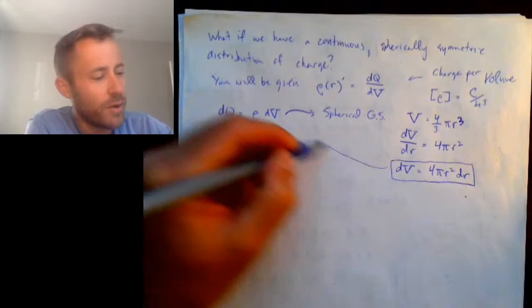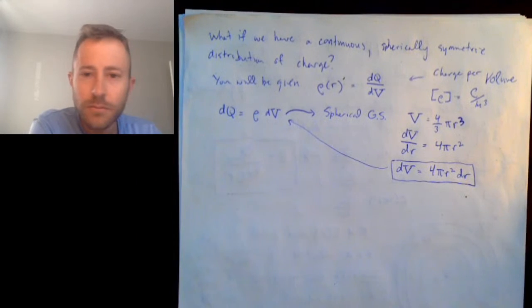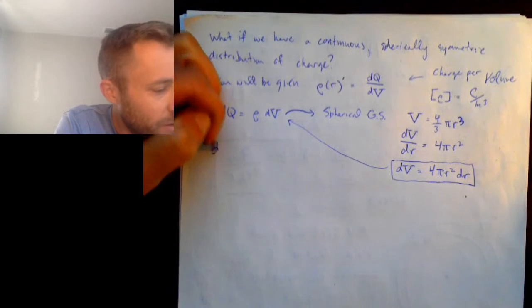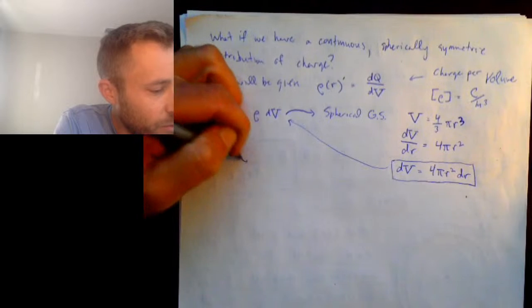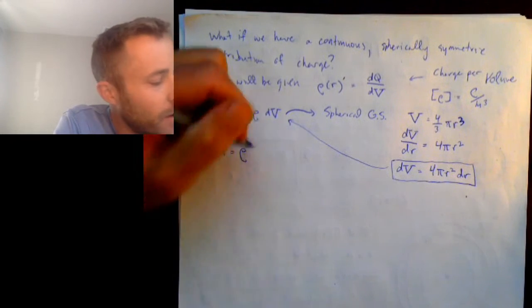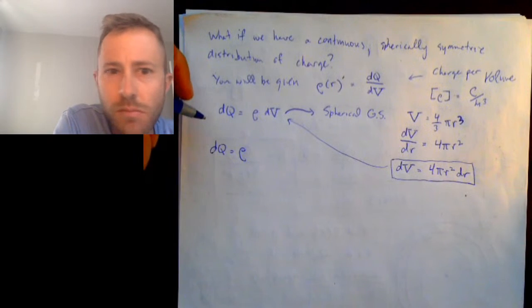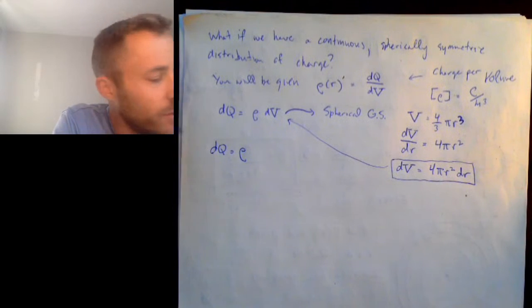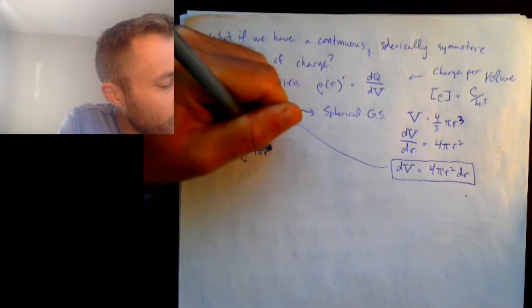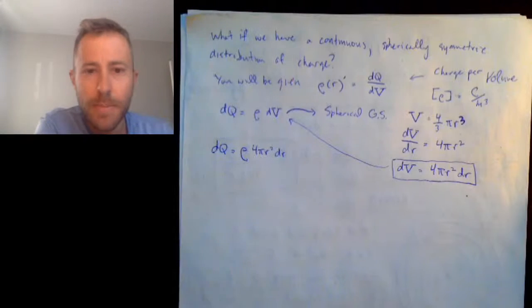So you then plug that in, and so you get dq equals rho times 4 pi r squared dr.